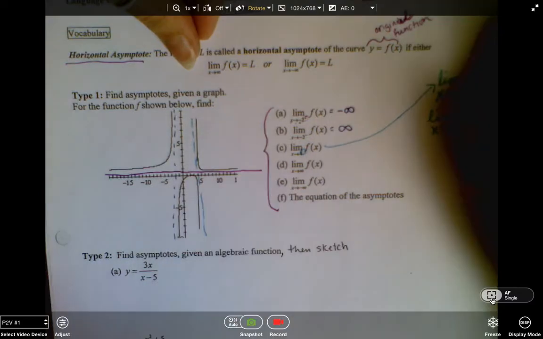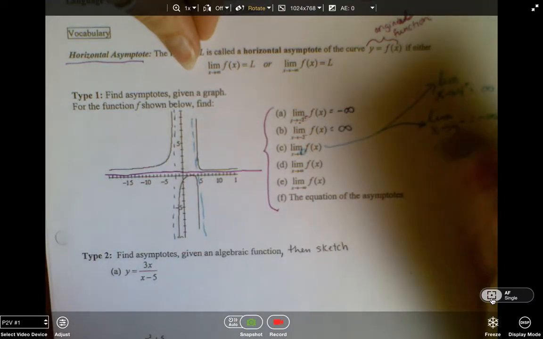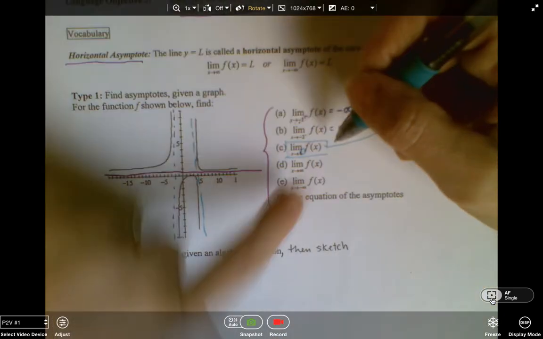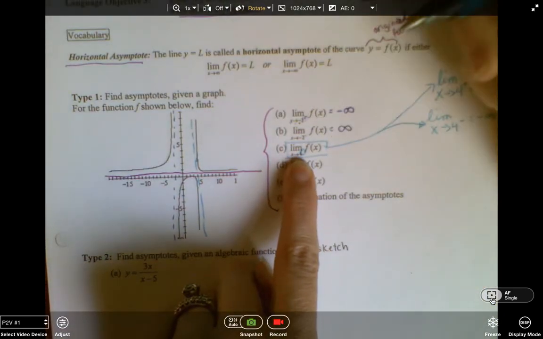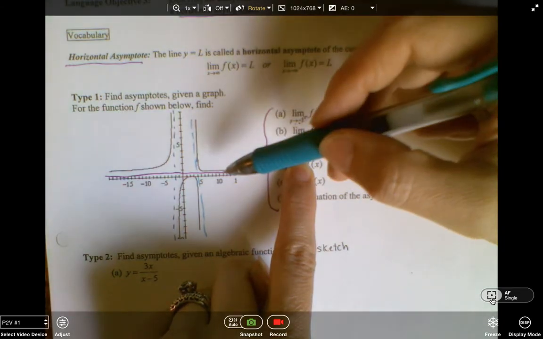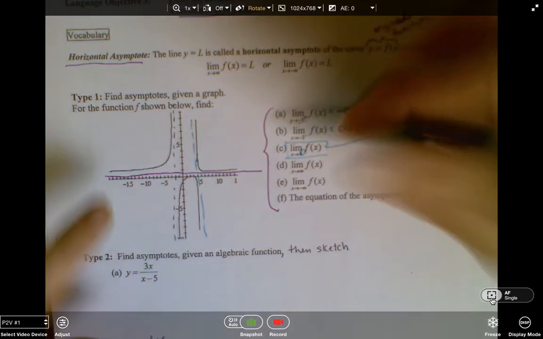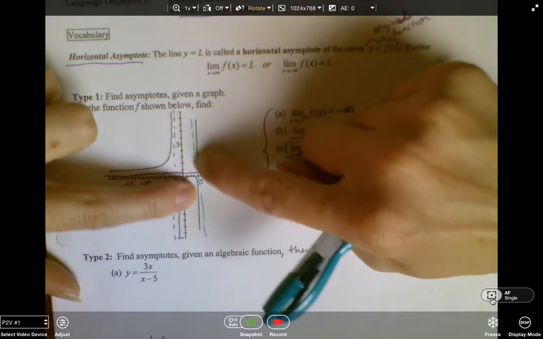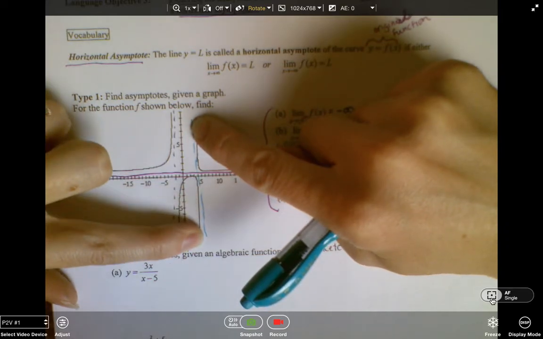So this goes back to our earlier idea that I can only describe the limit as x approaches a specific number if it is occurring in the same way on both the left and the right. So I can't say that as the function comes at 4, it's going up. I can't say that it's going down because it's doing both.